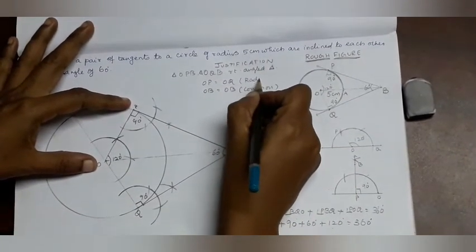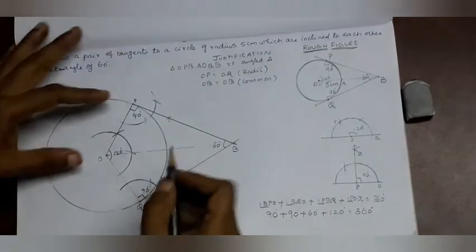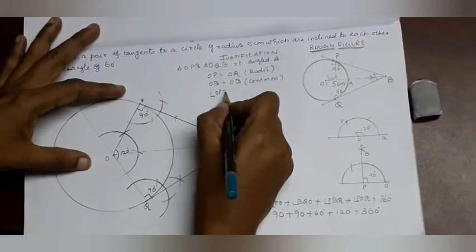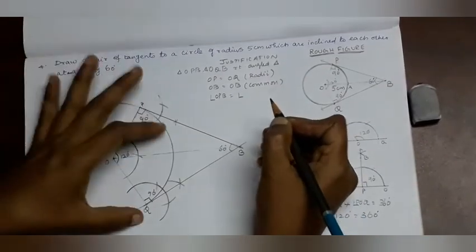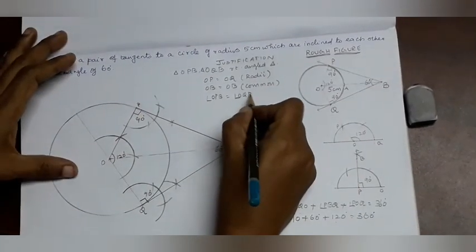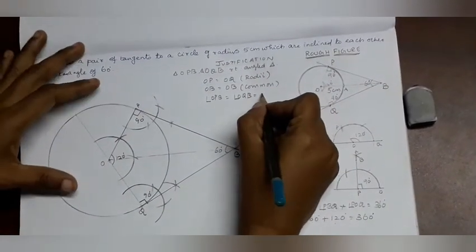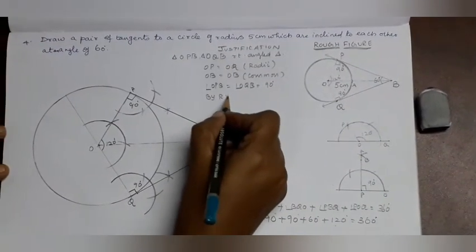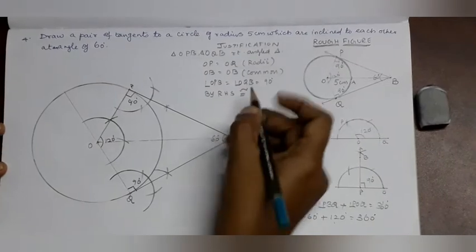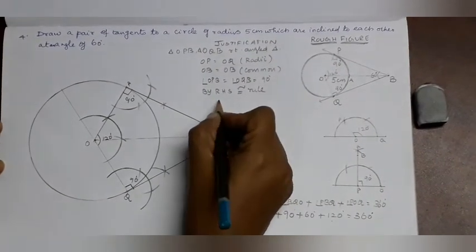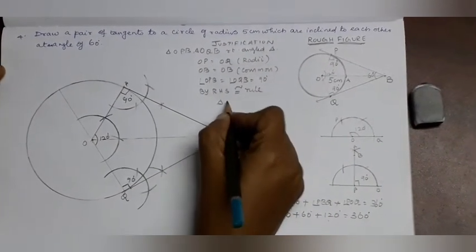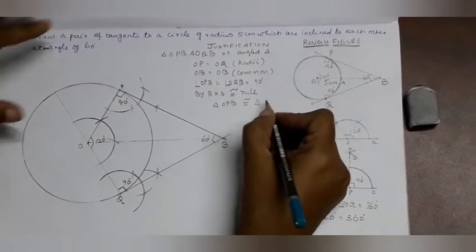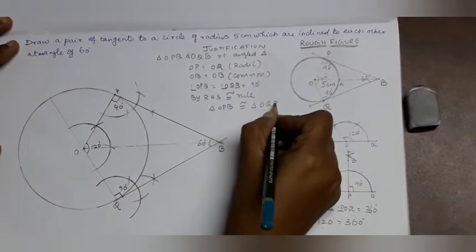Angle OPB is equal to angle OQB, which is 90 degrees. By RHS congruence rule, triangle OPB is congruent to triangle OQB.